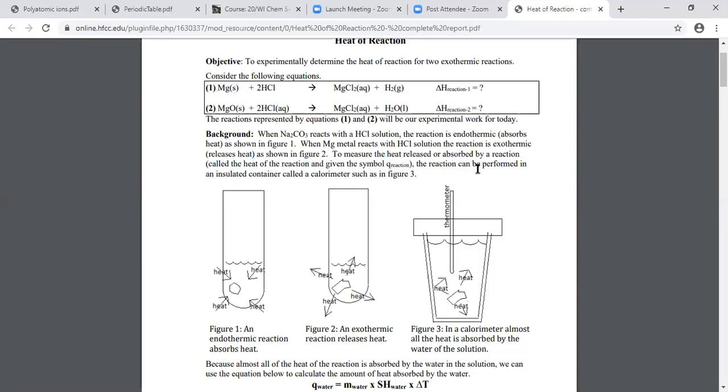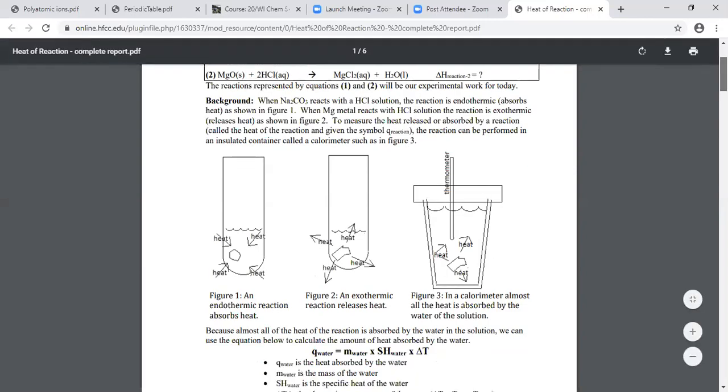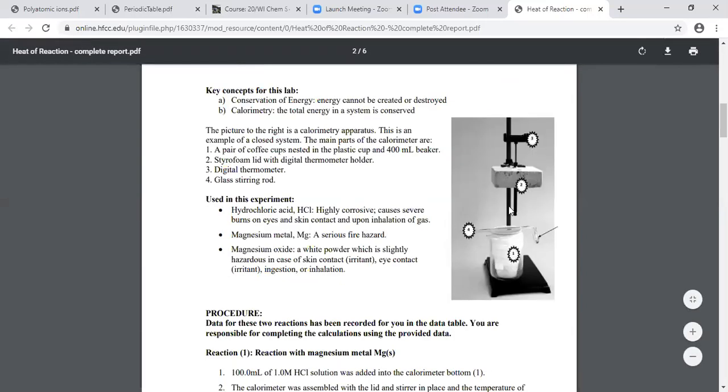So the reaction can be performed in a container called a calorimeter. Had you guys been in the lab, I'm going to scroll over here. This is the setup that you would have been doing. There's a glass beaker that has a couple insulated styrofoam cups in it. There's a glass stir rod, and it's set up with a ring stand, and there's a top that goes onto it.